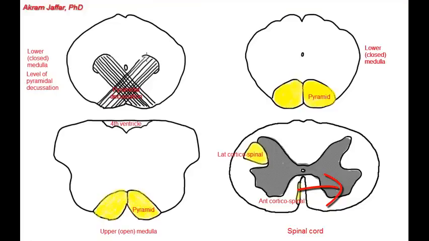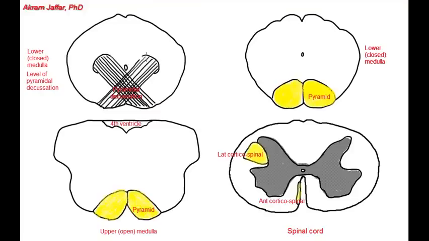This pyramidal tract is concerned with performing rapid, skilled movements. Most of the fibers arise from the precentral gyrus of the frontal lobe. They pass through the corona radiata, internal capsule, and they traverse the cerebral peduncle and the ventral part of the pons, until they reach the medulla oblongata, where they form the pyramids.